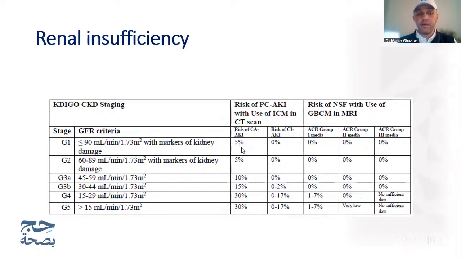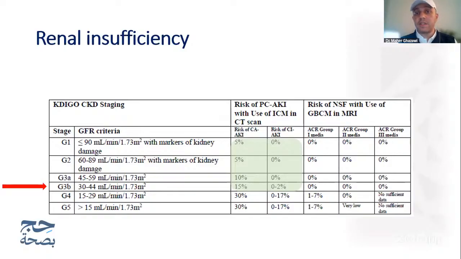So it is safe to start with contrast injection if the GFR is above 30. But in that group here, from 30 to 44, we have to hydrate the patient first. Give him IV hydration, good hydration before and after contrast. Otherwise, if the GFR is above 45, there is no need to delay the scan. Go directly to inject the contrast, and it will be safe, inshallah, regarding the kidney.